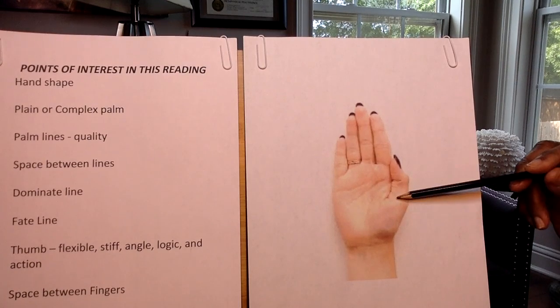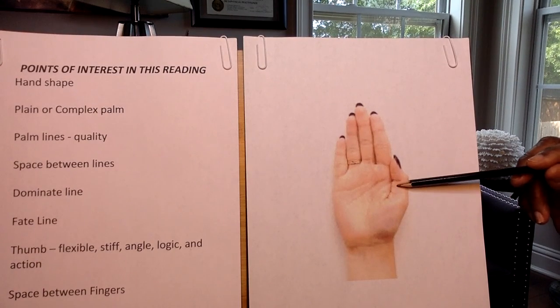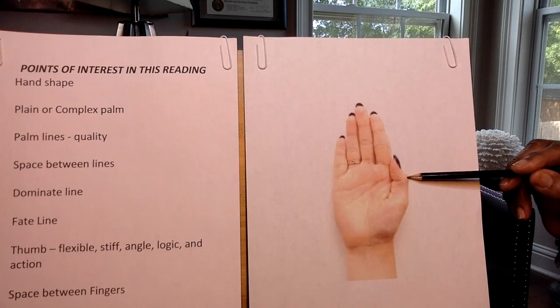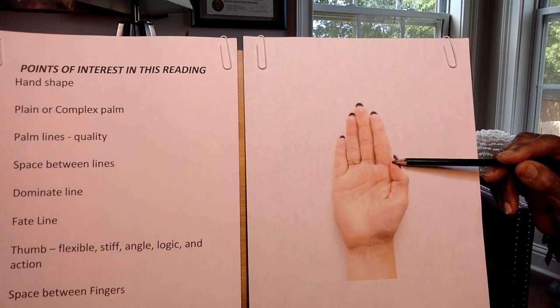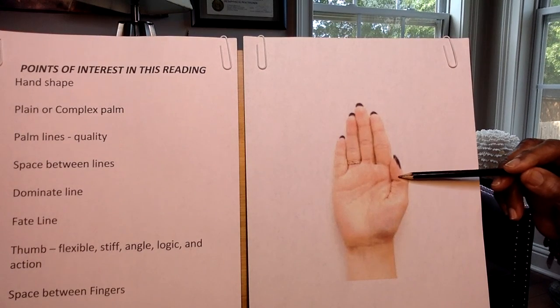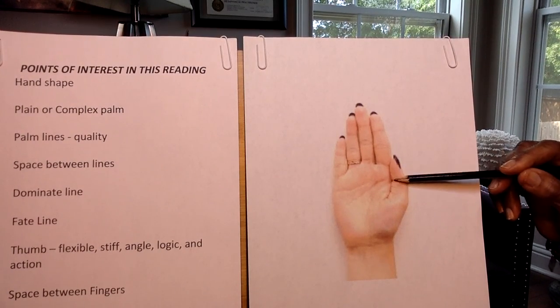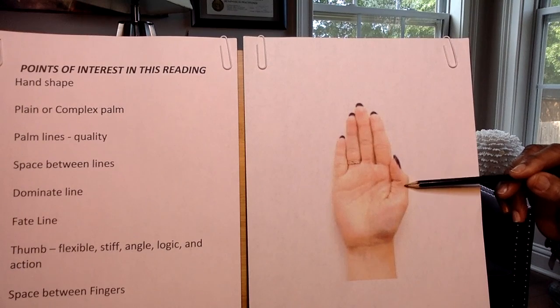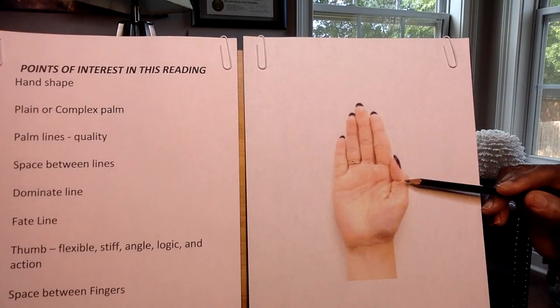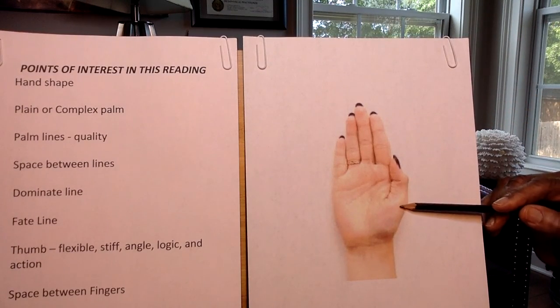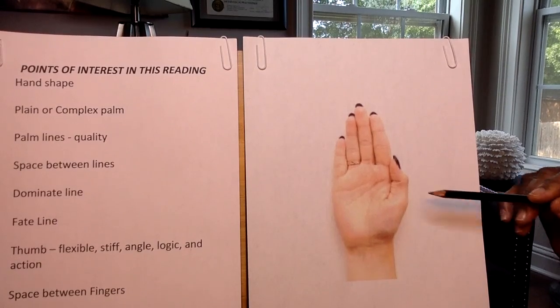Okay. How about the thumb? When you have a thumb like that, when you see a bend in here, there's a potential for flexibility. But by seeing the bend, we can see the action level here, the length, the measurement, and we can kind of determine what the idea is.